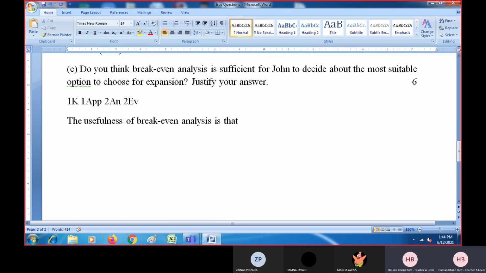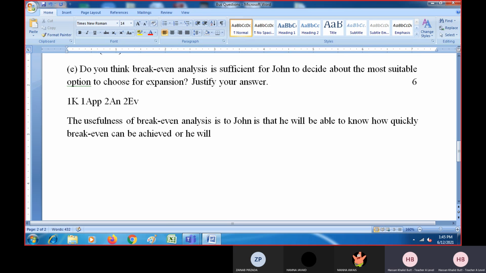The usefulness of break-even analysis to John is that he will be able to know how quickly break-even can be achieved, or you can write, how quickly he will be able to cover all his costs.